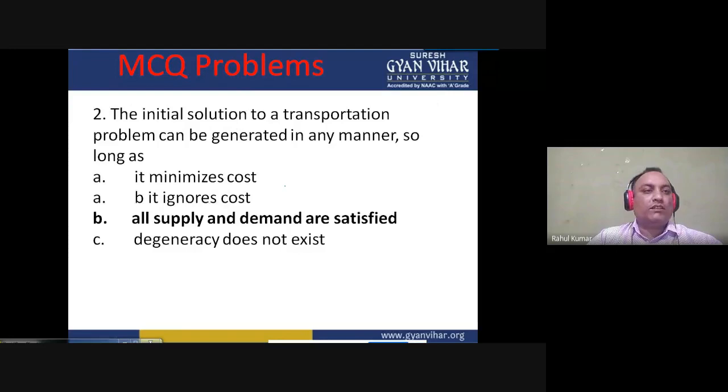The initial solution to a transportation problem can be generated in any manner, so long as A, it minimizes cost, B, it ignores cost, and then all supply and demand are satisfied, and C, degeneracy does not exist.